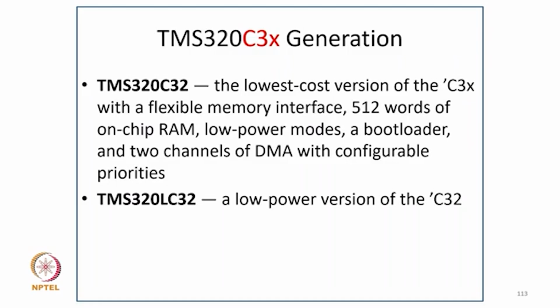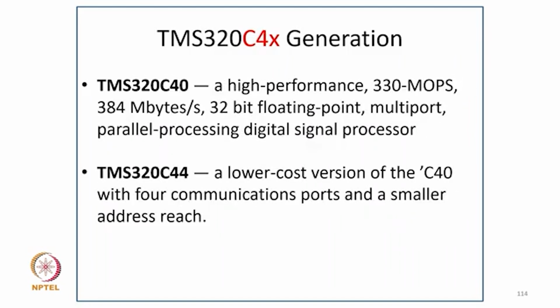So TMS320C32 is the lowest-cost version of the C3X with a flexible memory interface, 512 words of on-chip RAM, low-power modes, a bootloader, and 2 channels of DMA with configurable priority, and TMS320LC32 is a low-power version of the C32.